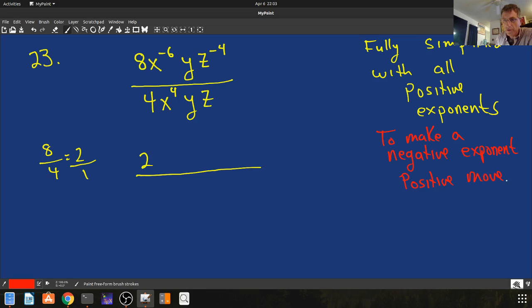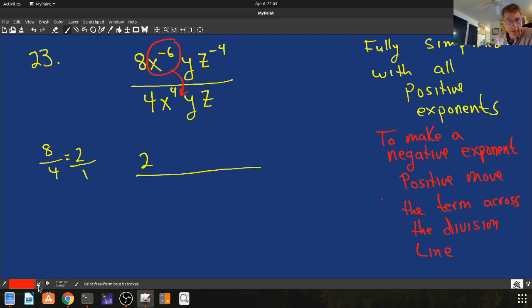Move the term across the division line. So I'm going to take this and move it down to here.